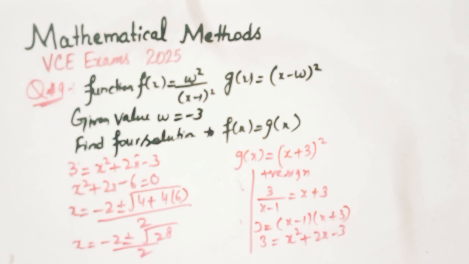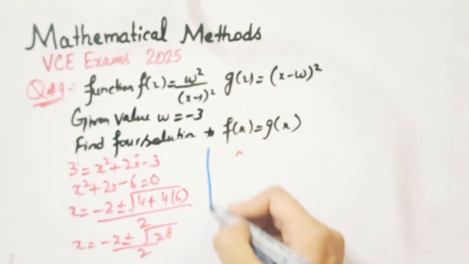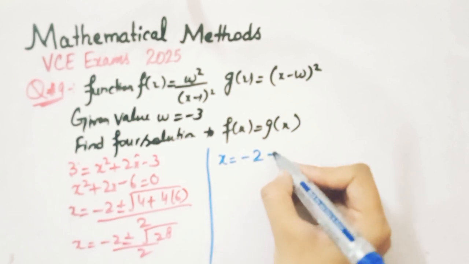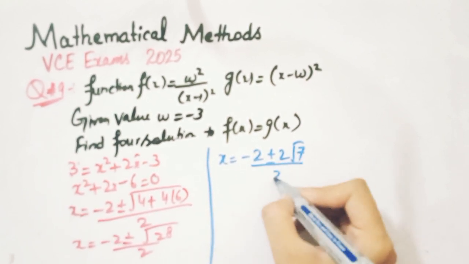Now we get the final answer of this. We have x equals minus 2 plus or minus 2 root 7, by 2.